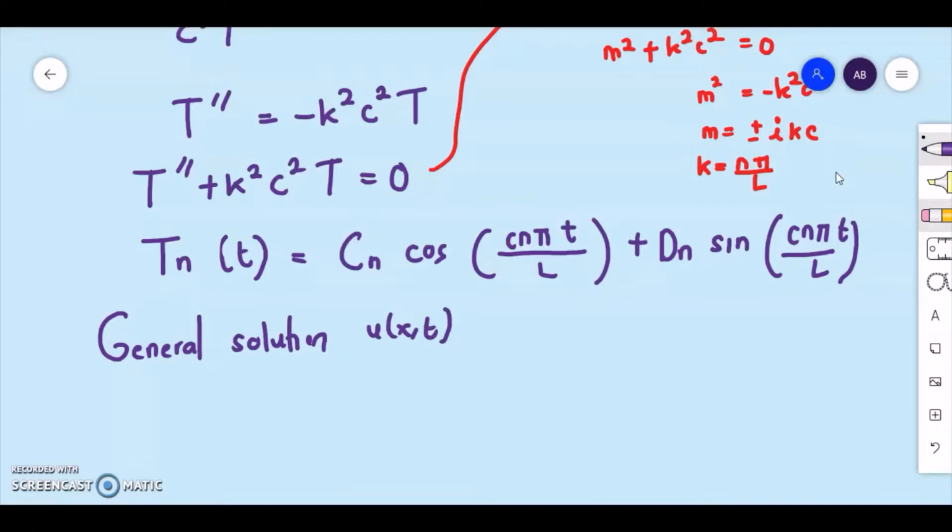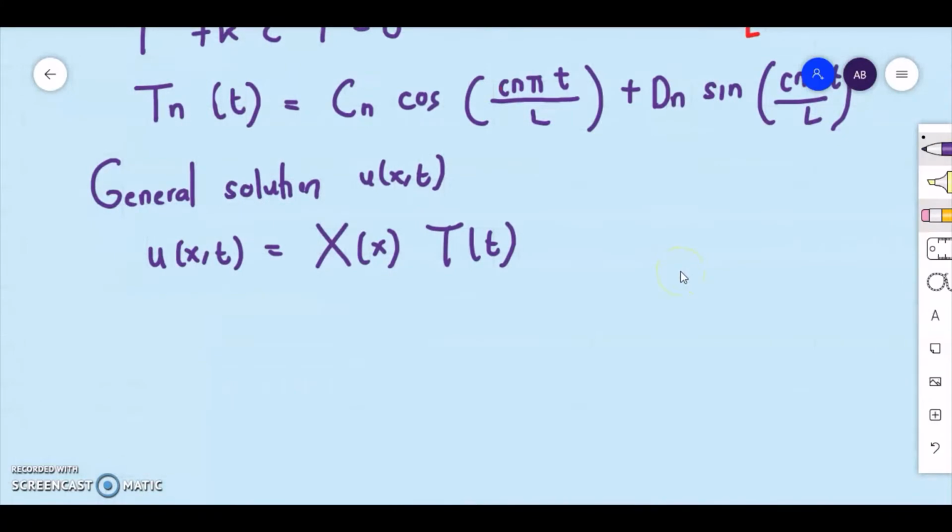u(x,t) equals big X(x) and small T(t). Now we don't have to write the constant many times, so I'm just going to write it for my c here.